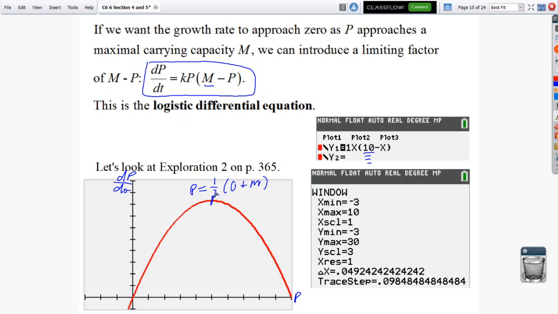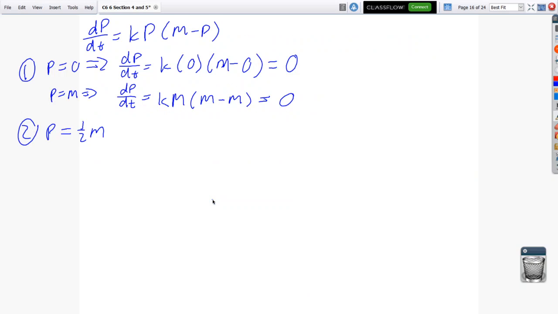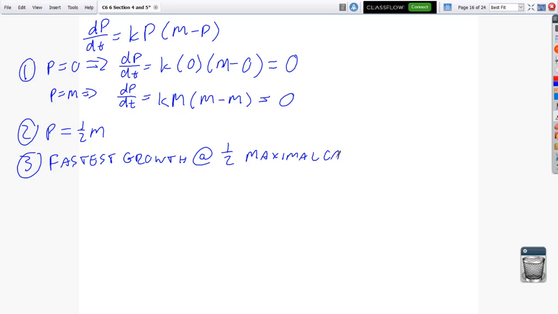That's something important to remember. Fastest rate of growth at half of the maximal carrying capacity. We'll summarize that over here on number 3. Fastest growth at half maximal carrying capacity.